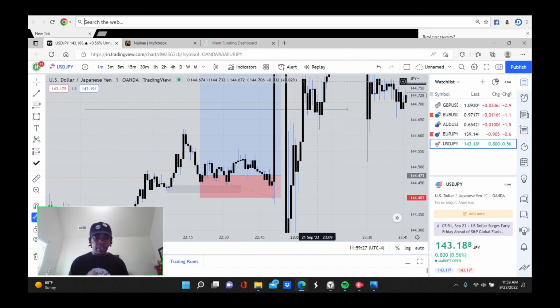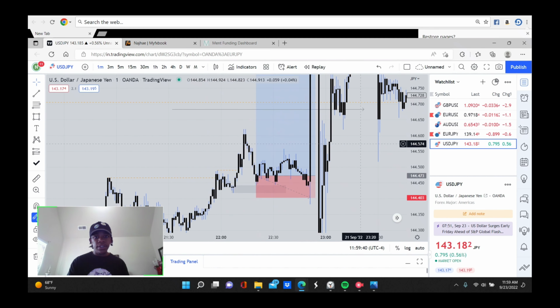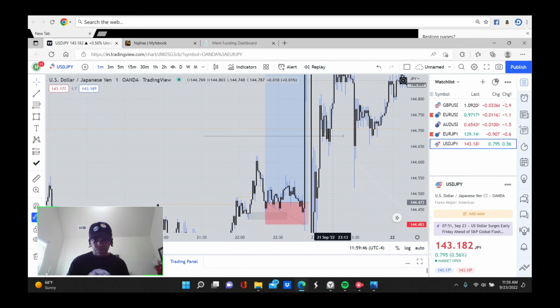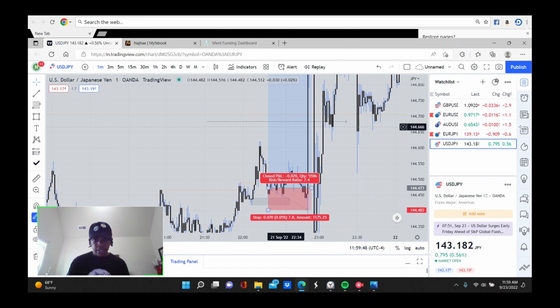I was trying to hurry up to take my partials, and I accidentally ended up closing the whole trade, which happens sometimes. I accidentally closed the whole trade instead of taking a piece off, and then it reached my final target, which happens. So it is what it is.